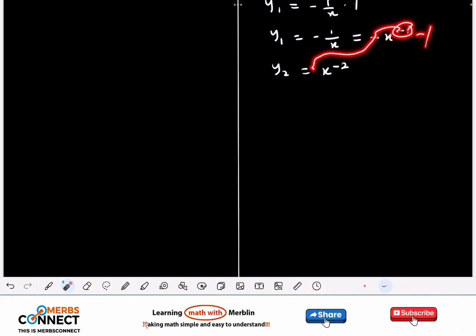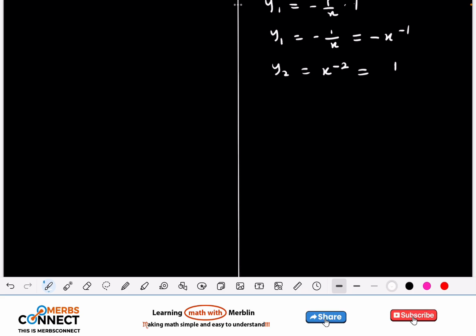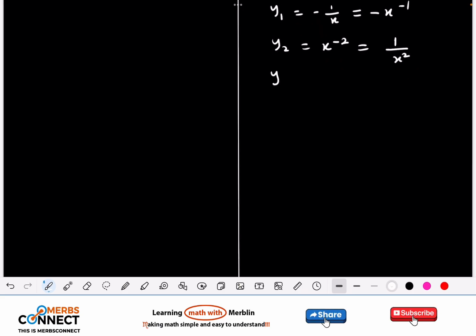We subtract 1. 1 minus 1 is minus 2. And this is the same as 1 divided by x squared. What will be y3? For y3, power rule, minus 1, minus 2 drop, we subtract 1. So we are going to have minus 2x to the power minus 3, which is the same as minus 2 divided by x to the power 3.